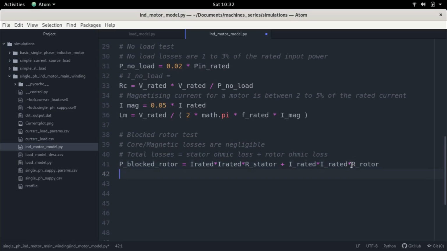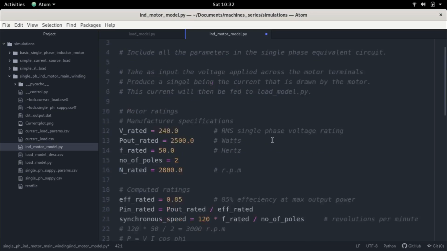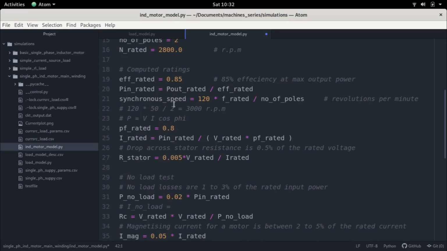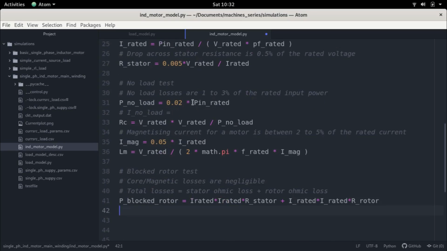So now that we have this, quite obviously, what is this block rotor test? Now, in the case of a no load test, we took the no load losses to be around 1 to 3% of the rated input power, right? And this was a fairly reasonable assumption because the core losses, which are the eddy current losses and the hysteresis losses, will not be more than 1 to 3% of the rated input, right?